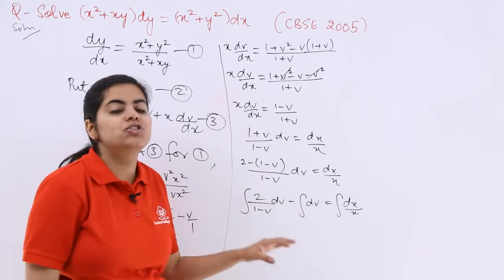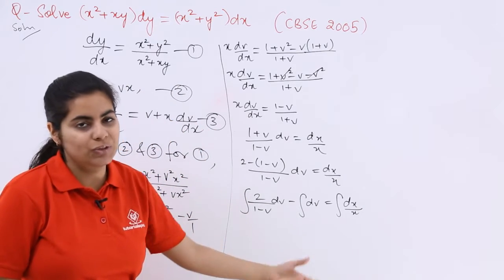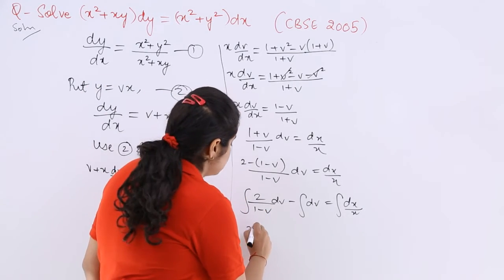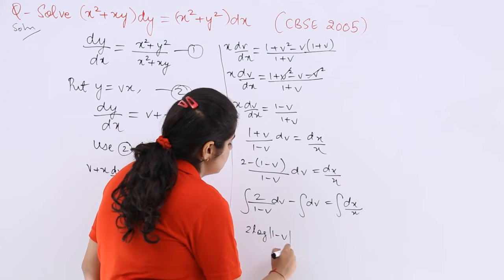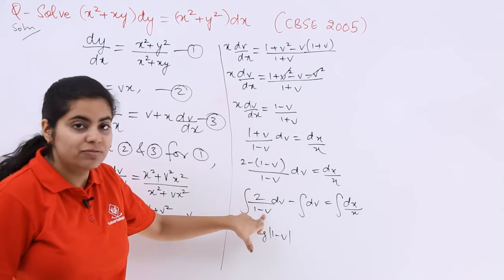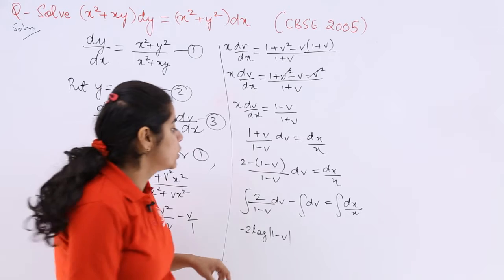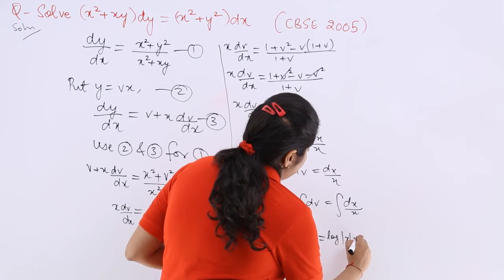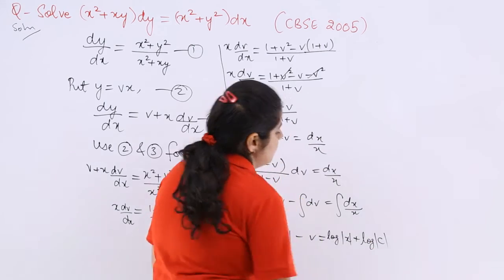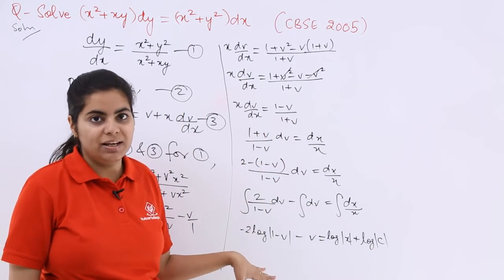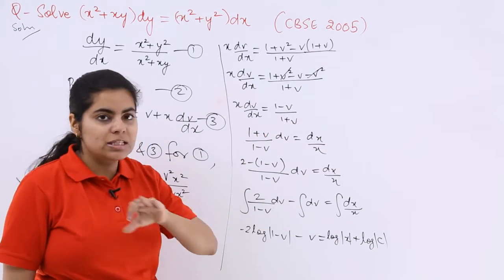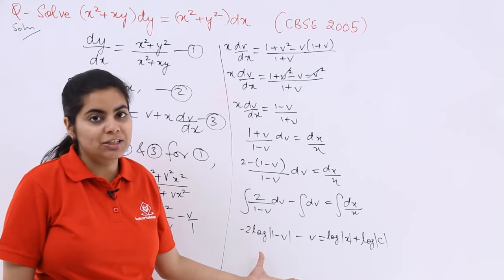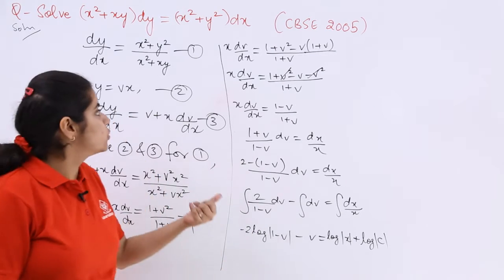What I have done is I have just integrated both the sides. So this becomes 2 log(1 minus v) with a minus sign, because minus v has minus in the coefficient, minus v is equal to log x plus log c. What has to be done now? Anyways, v should not be there in your answer, because y is equal to vx.